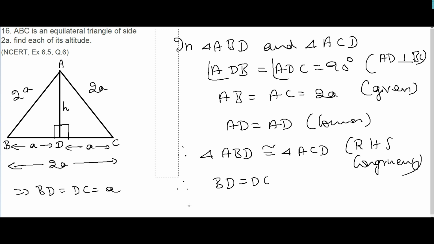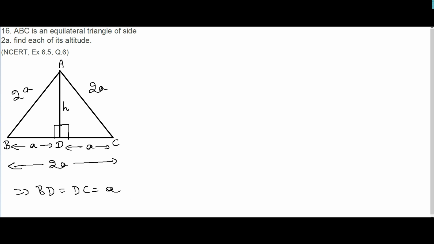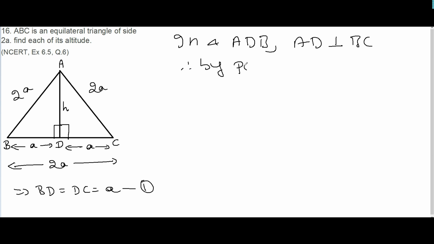So, what we have to show now is the altitude of the equilateral triangle. I call this as 1. Now, in triangle ADB, AD is perpendicular to BC. Therefore, by Pythagoras theorem, why am I showing this? Because Pythagoras theorem can only be applied if it is 90 degrees.